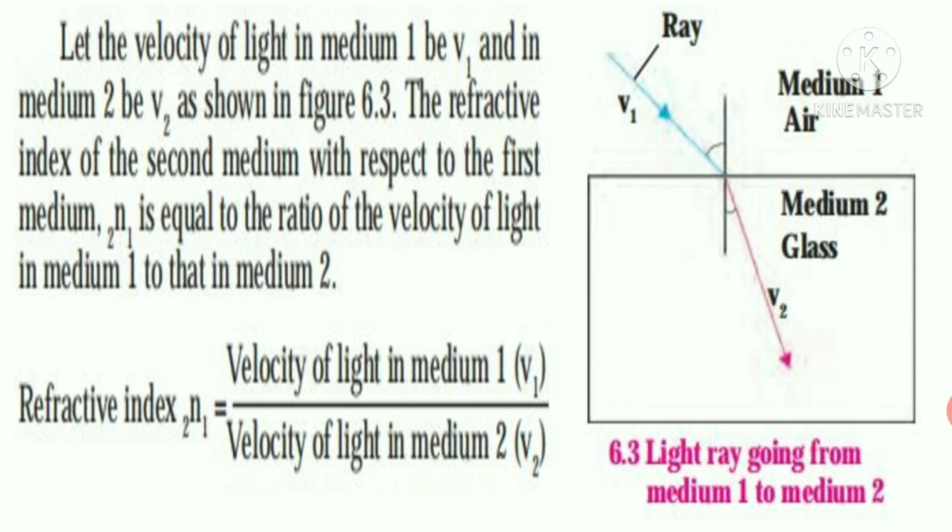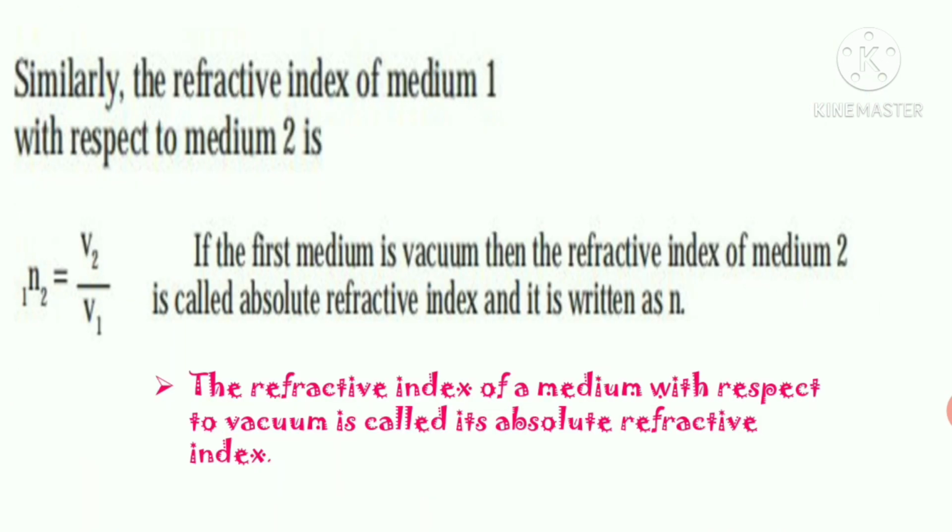Refractive index of second medium with respect to first medium is equal to velocity of light in medium 1, that is v1, upon velocity of light in medium 2, that is v2. In the same way, the refractive index of medium 1 with respect to medium 2 is equal to v2 upon v1.